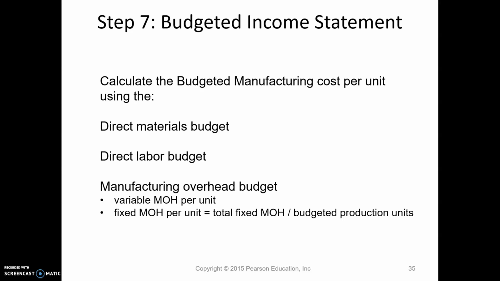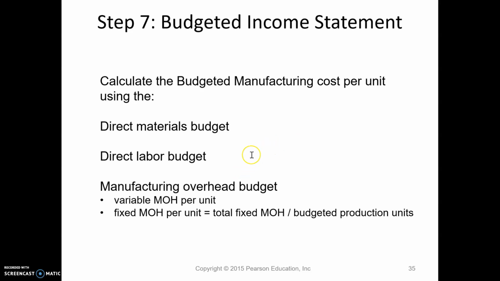And so we need to get our budgeted manufacturing cost per unit. We take our direct materials budget and we can get the amount of direct materials per finished good, multiply that by the cost per unit of direct materials.